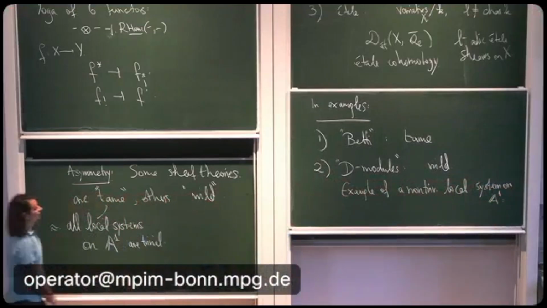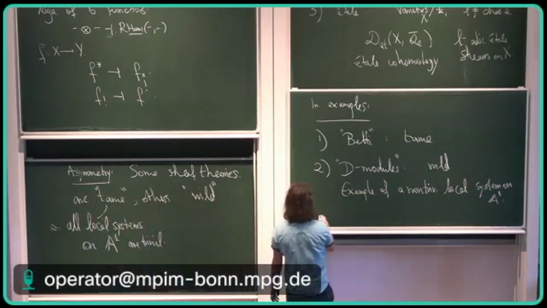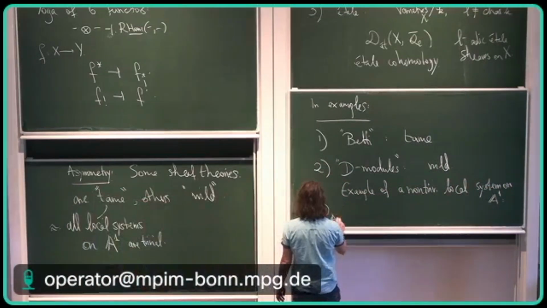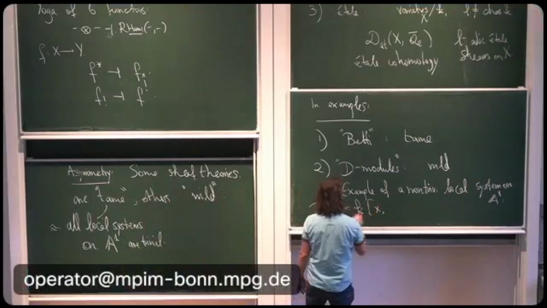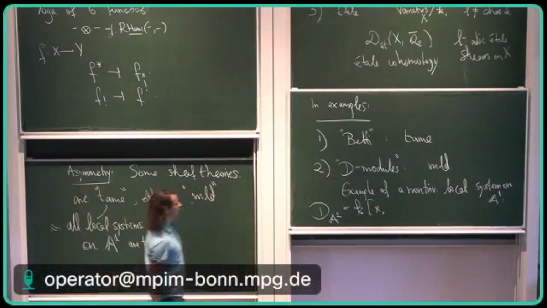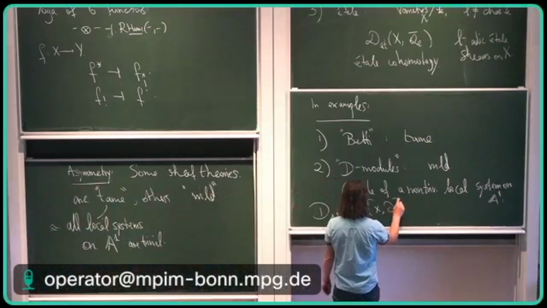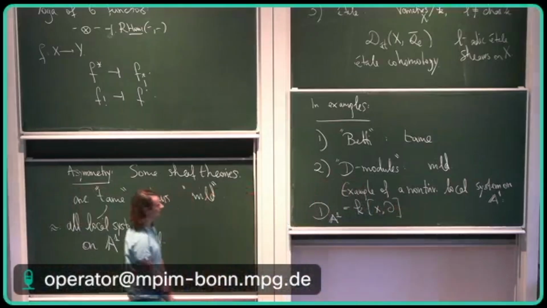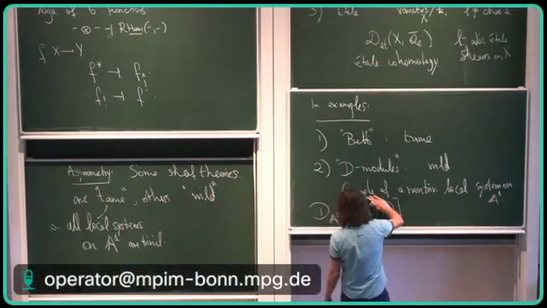So what does it take to define a D-module on A1? The ring of differential operators on A1 is just, well, you have your coordinate x, and so you certainly have polynomials in x in your ring of differential operators, but you also have differentiation with respect to x.